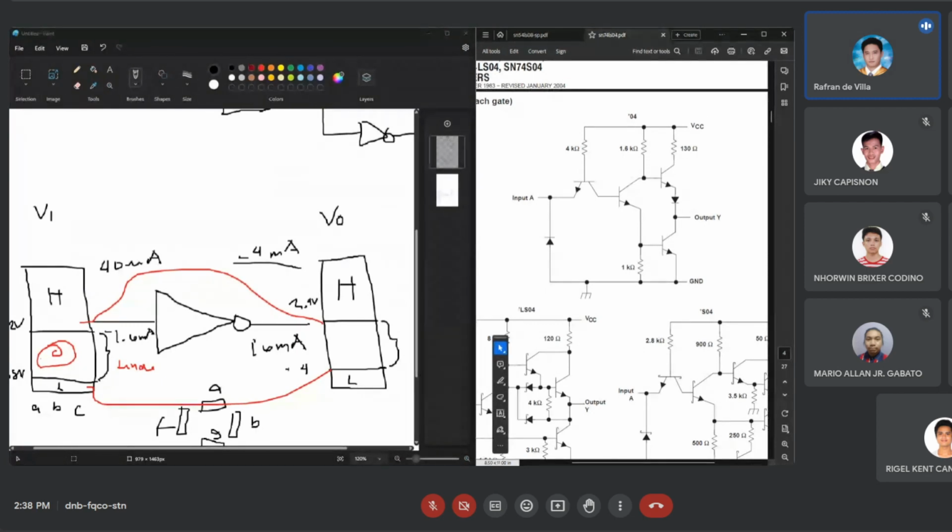Okay, Mandresa, are you with us? Miss Mandresa is absent. Miss Mandresa, can you explain to me why the current output low is larger than the current output high? What could be the reason?